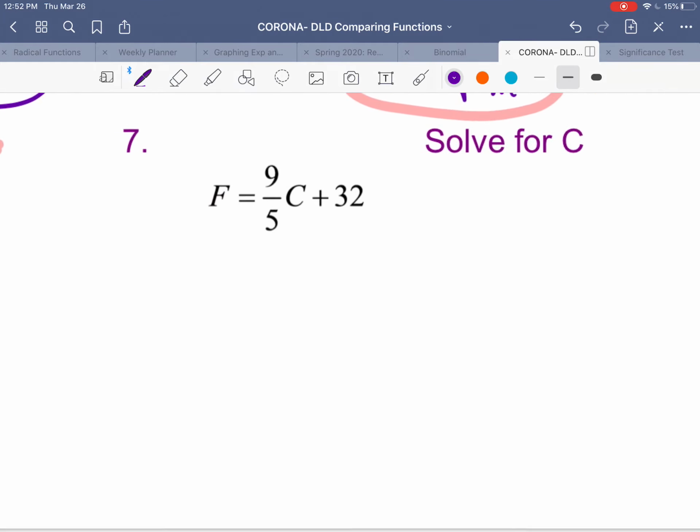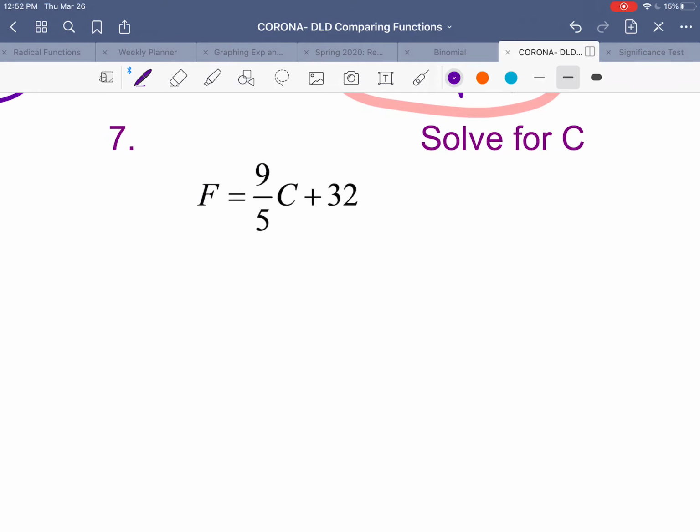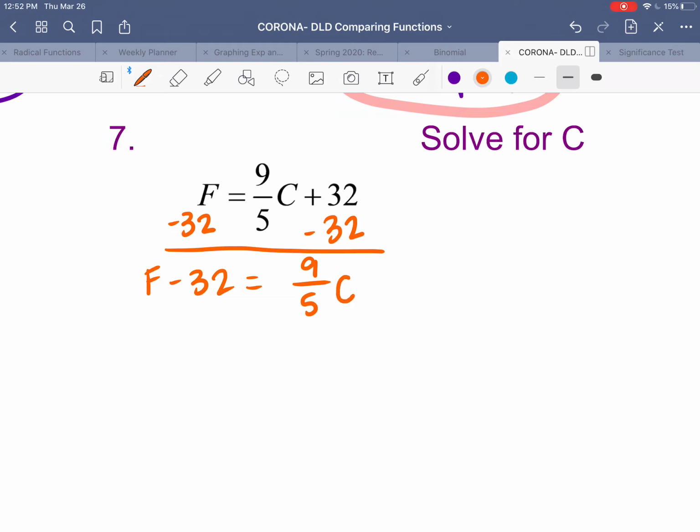And for the last one, for the notes, very first thing we need to do, since we have addition, is we're going to need to subtract it. So subtract 32 from both sides. F minus 32 equals 9/5 c. And then we want just c by itself, so we need to get rid of this 9/5.